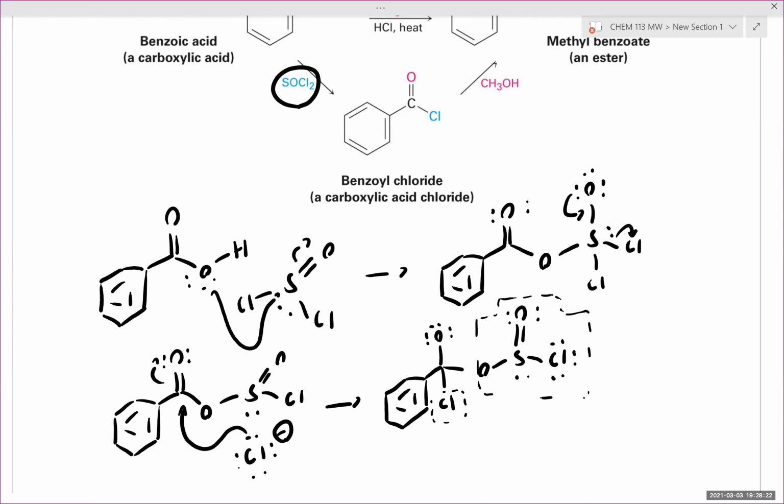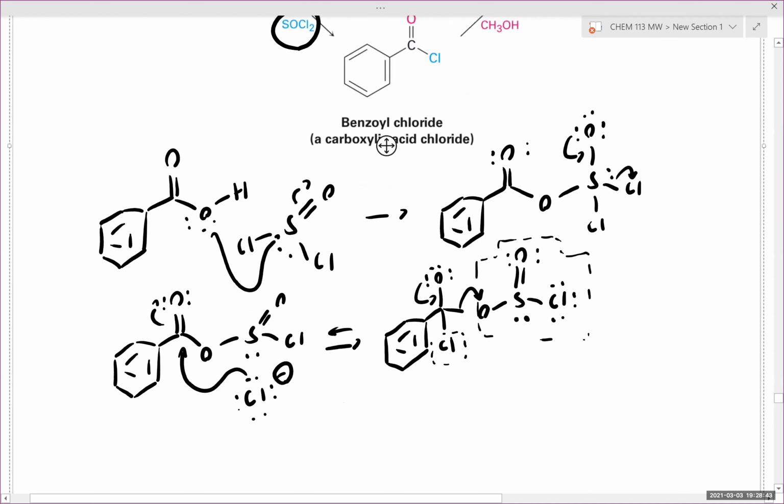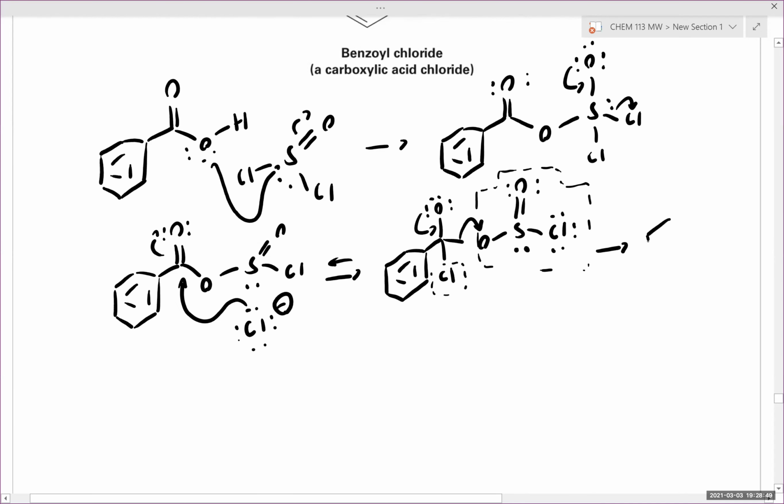What do we think? We can kick out chloride, sure, and that would be reversible. But we can also kick out this sulfonyl chloride, or this thionyl chloride derivative, and that would give us our desired acyl chloride.